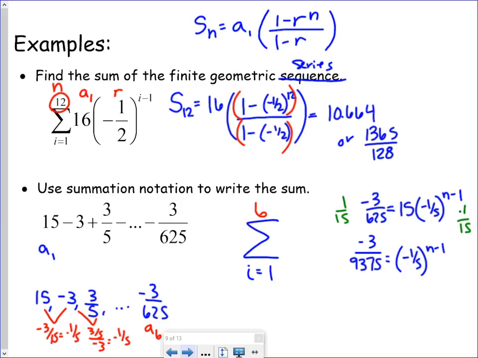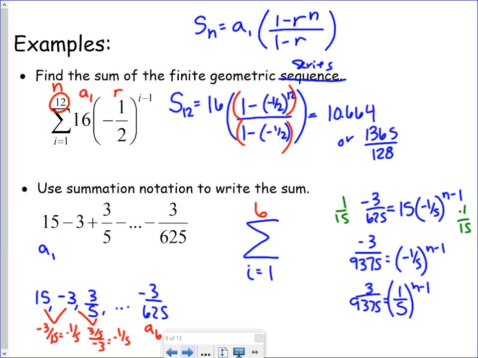Normally I would say write it as a log, but we're going to have an issue because our base is -1/5, our ratio. So I would say on this one, just so I can show you the log process, that -1/5 is just the thing that's alternating the signs. So at this point, I'm just going to worry more about 3/9,375 is equal to 1/5 to the n-1.